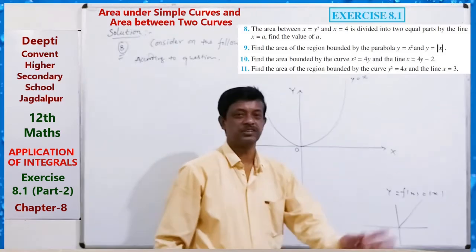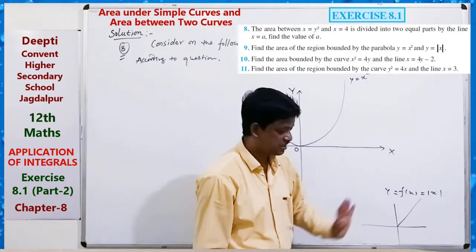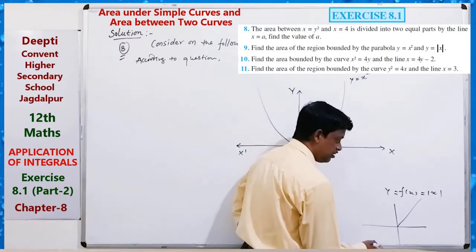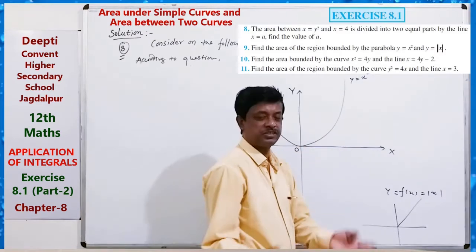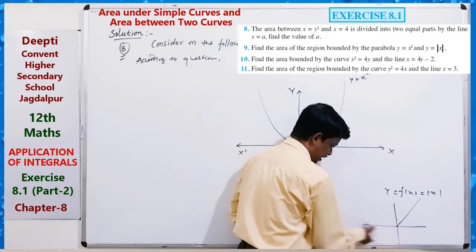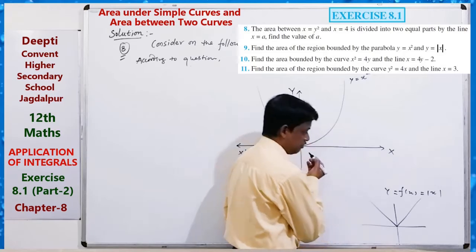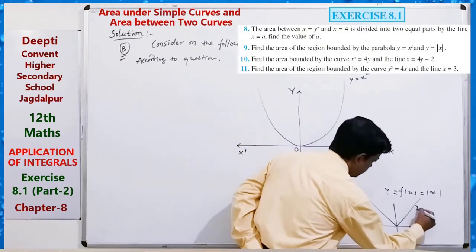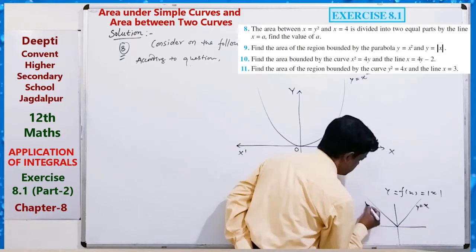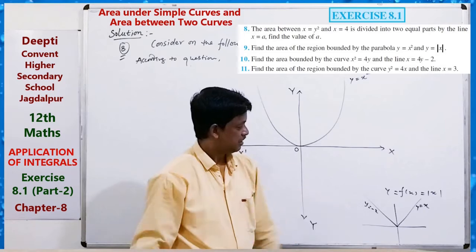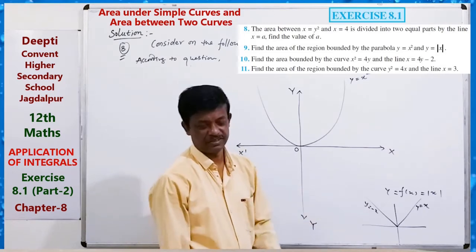For positive values, mod x equals x, so y equals x. For negative values, mod x is also positive, giving the final value. So for the negative side, the graph is this. This is for y equals plus x, and this is for y equals minus x. This is the graph of the modulus function.